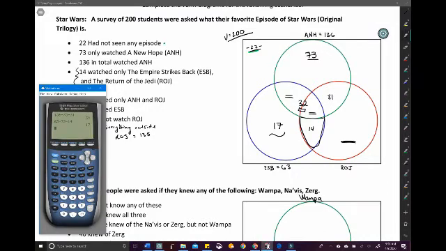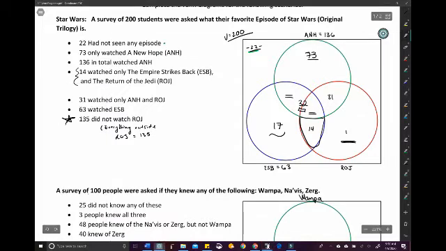So let's take our 200 minus the 22 minus the 73 minus the 32, minus 31, minus 14, and minus the 17, and we get 11. That had to be right there.